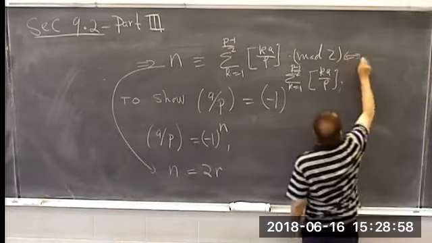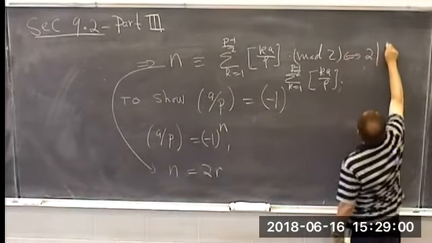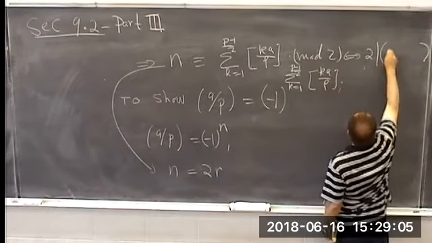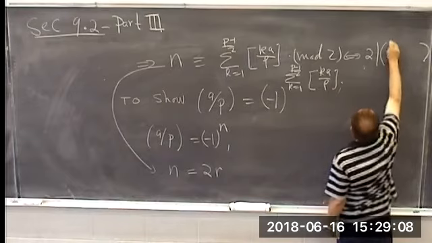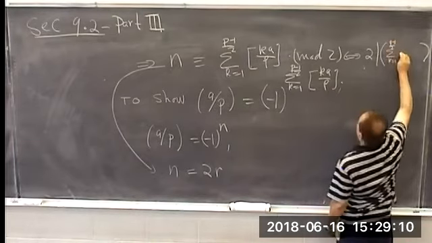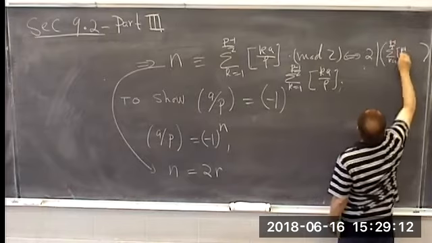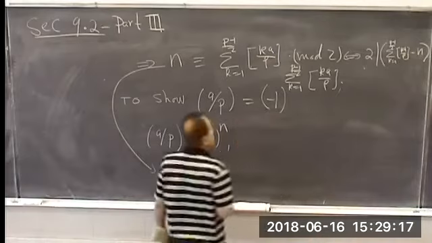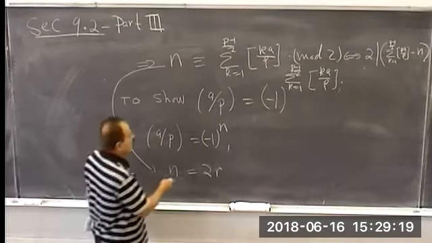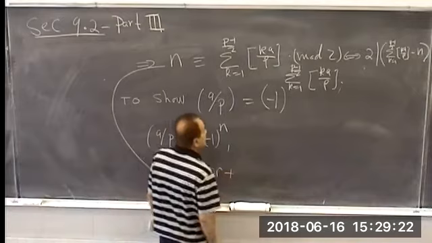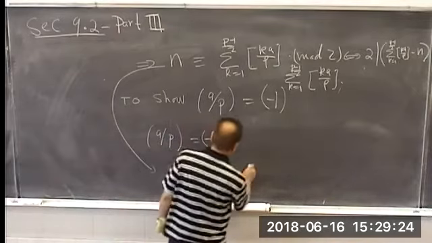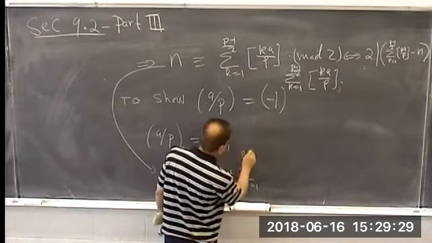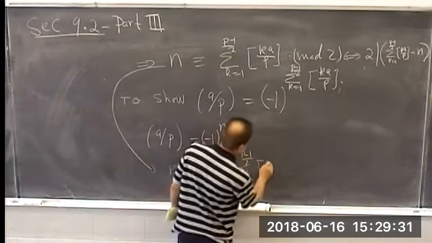So the left side divides the difference between the summation of the floor of ka over p and N. All right, so we're going to turn this into 2R plus the sum k equal 1 to (p minus 1) over 2 of the floor of ka over p.